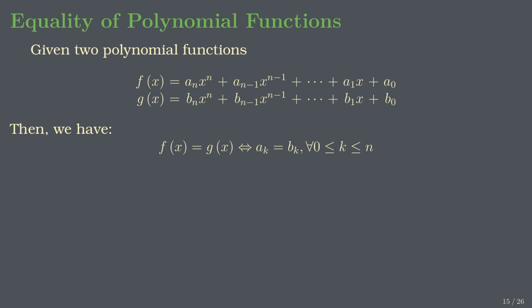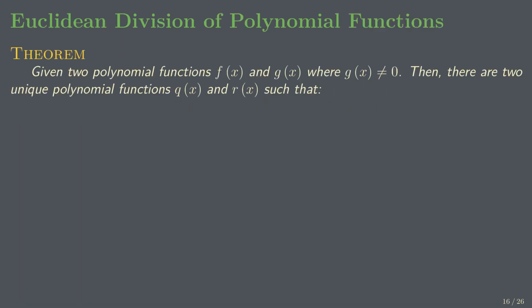Okay, so we already talked about the sum of polynomial functions and the product of polynomial functions. Now what about division of polynomial functions? As with numbers, we also have Euclidean division for polynomial functions.